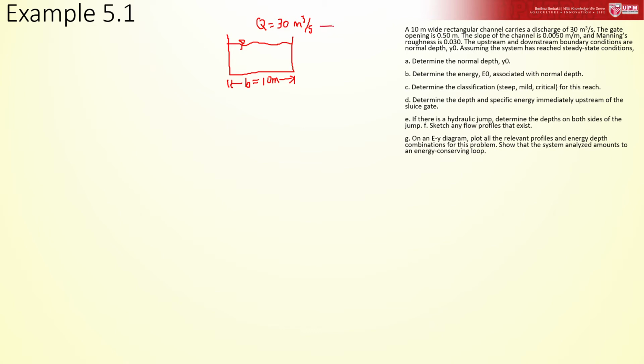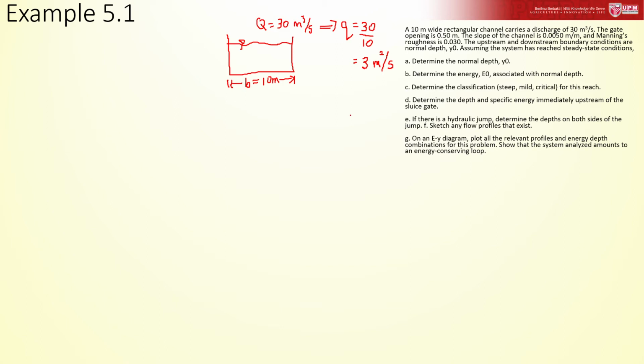So since it is a rectangular channel, we can find q. So q is equal to 30 divided by 10, divided by the width of the channel. So we have 3 square meter per second.